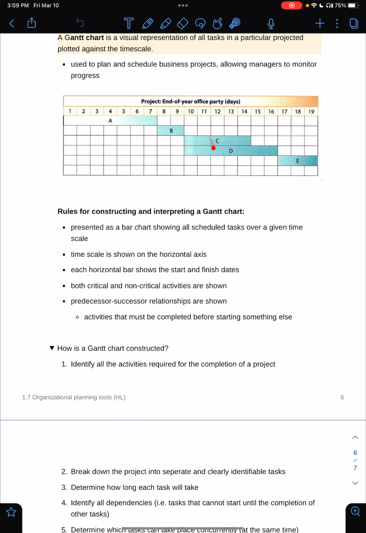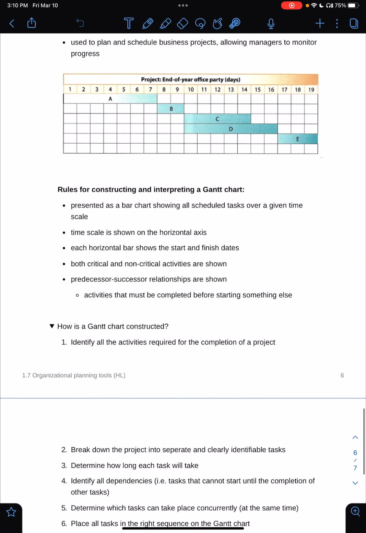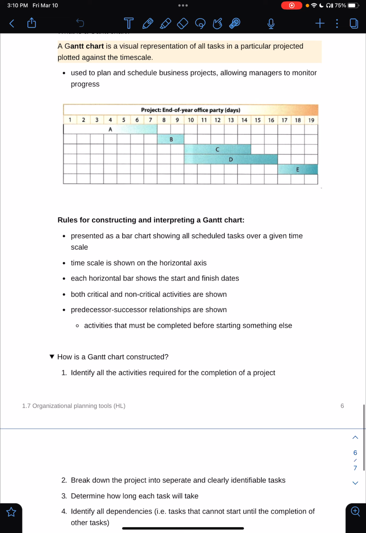However, when we look at tasks C and D, we can see that they're concurrent because they both start on day 10 and they end on different dates and are unaffected by each other. And this is the rule of dependency and concurrency, where for dependencies, there are certain tasks that must be completed before another task can begin, whereas concurrent tasks can be started at the same time.